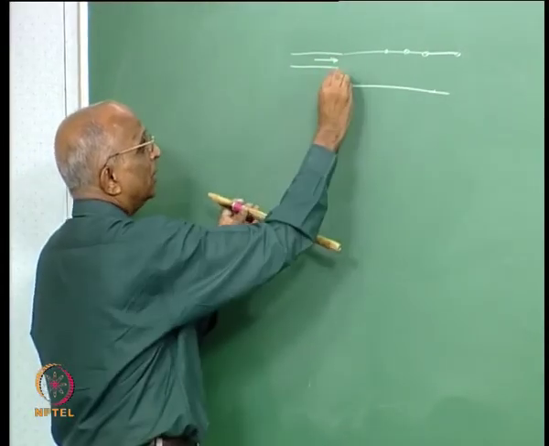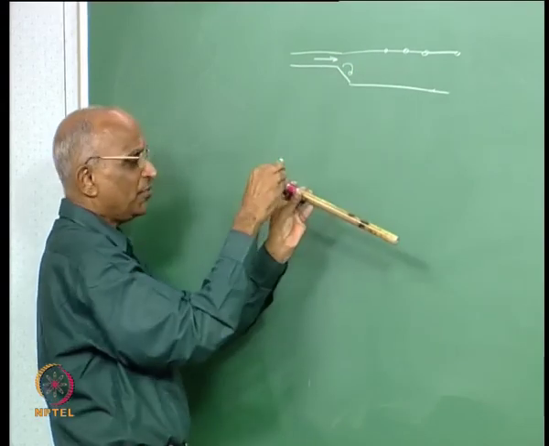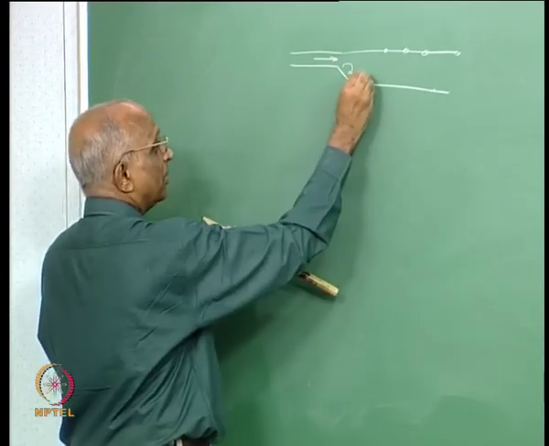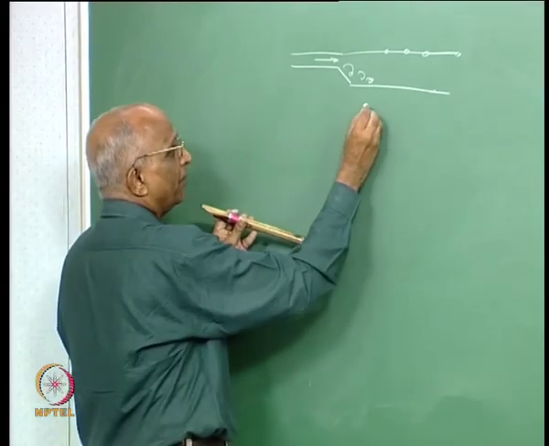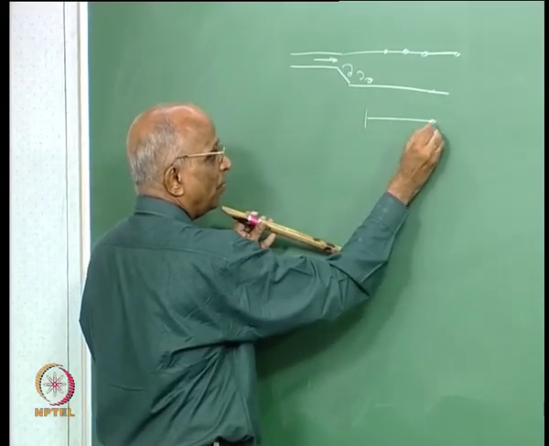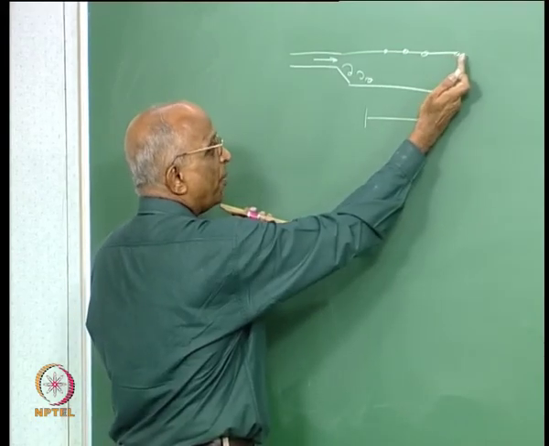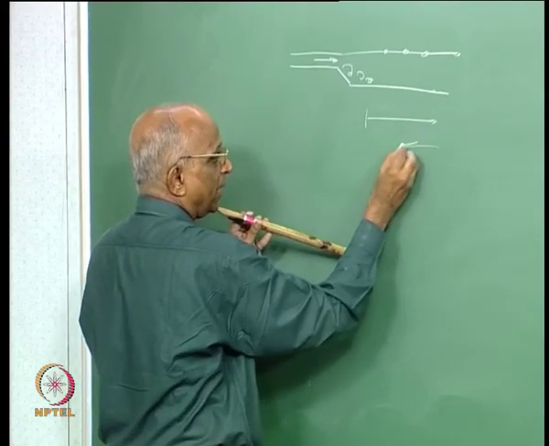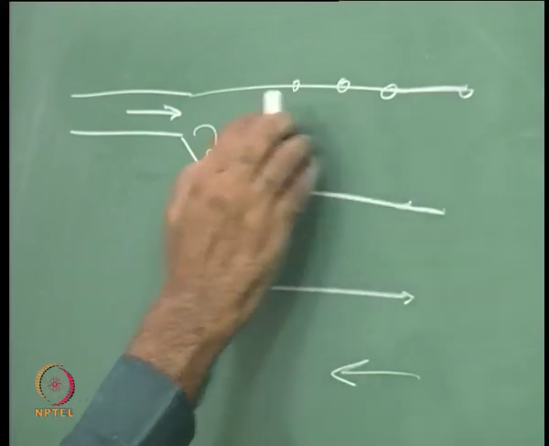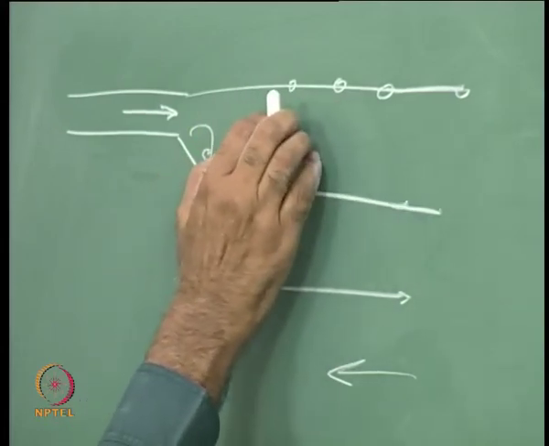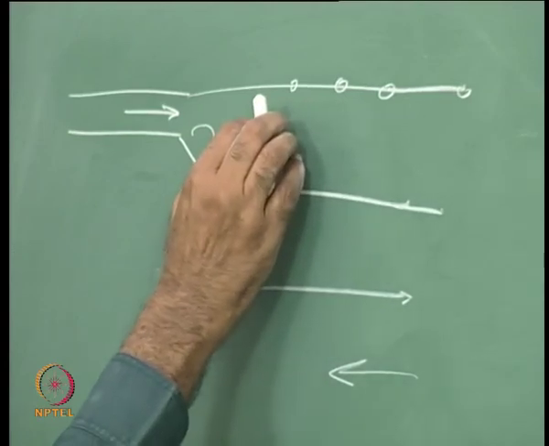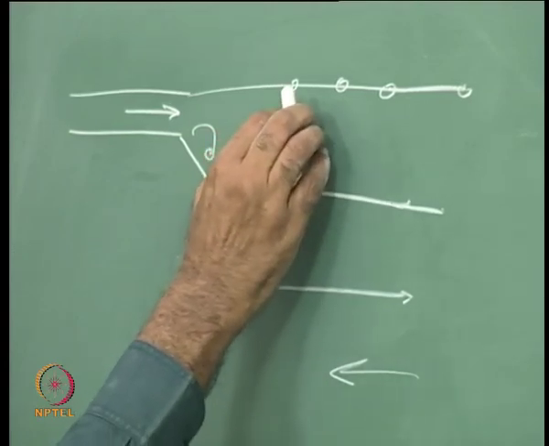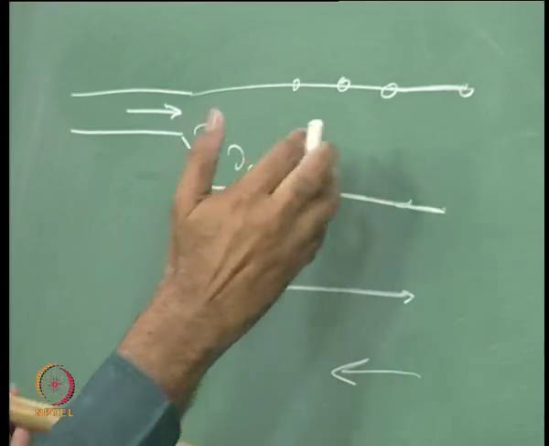When I blow air, I get some eddies because all of a sudden there is a change here, some disturbances are generated, and when disturbances are generated they move in the chamber over here. It sees an open part here where it gets reflected back, and therefore a column of interaction between the forward running wave and backward running wave is created, and that creates some resultant wave which amplifies the sound.